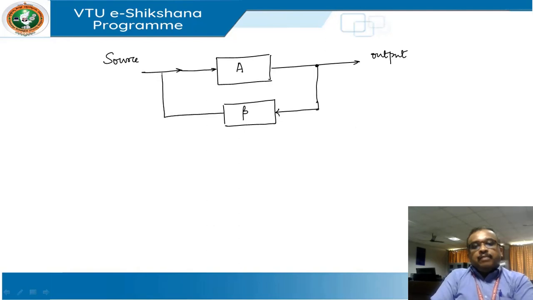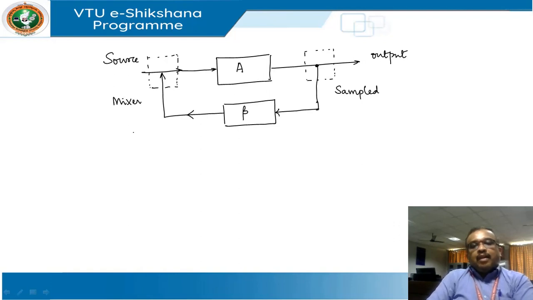So from the basic definition, a part of the output which is taken out from this point, or I can use the word sampled, is sampled and fed back to the input side, and at the input side it gets mixed up. So we can call this the mixer.